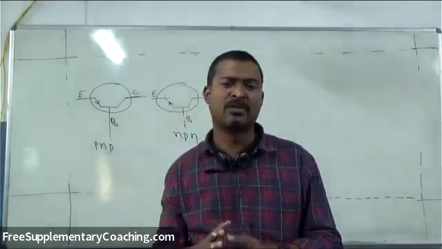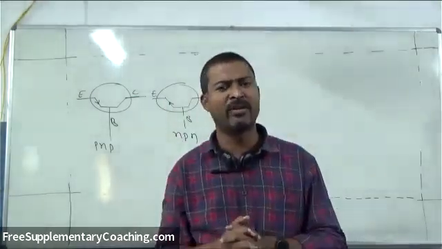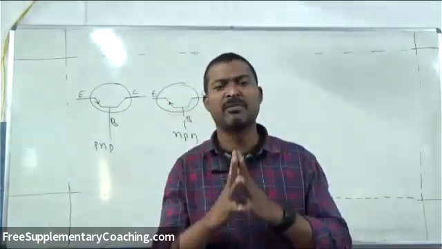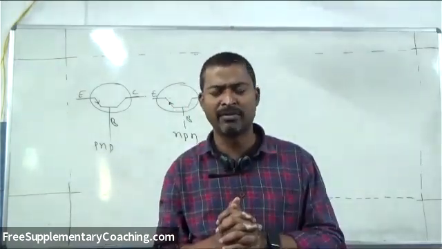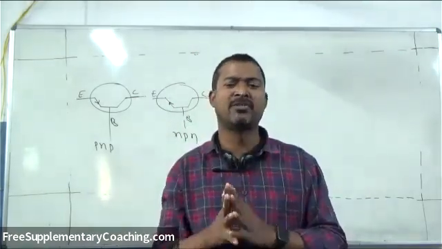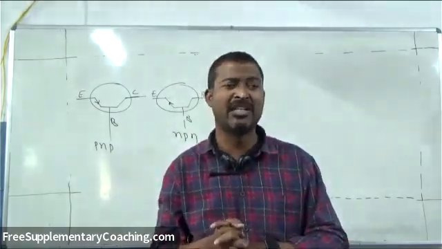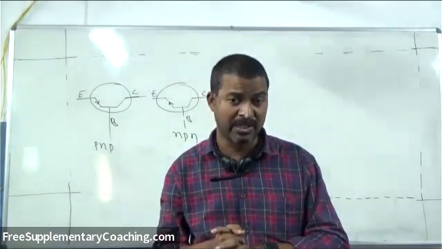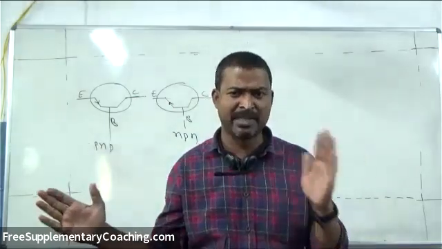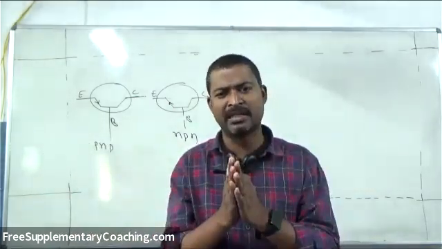N side positive ions, P side negative ions will be created, and due to that a potential barrier is derived, and this layer having positive and negative ions we call the depletion layer.